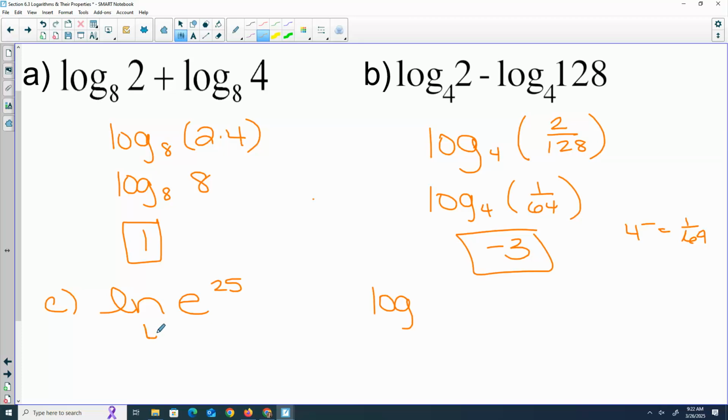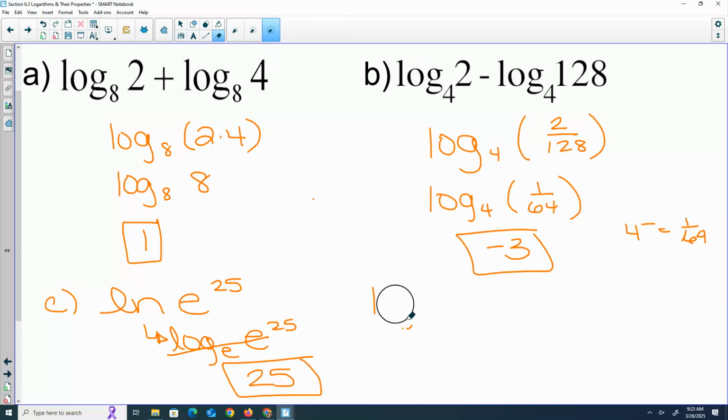What's the difference between a natural log and a regular log? Well, natural log is abbreviated ln, but what it means is log base e. So, if the base is e, what happens when you have a log base e of e? They cancel, so what's my answer? So if you see that ln and it asks you to simplify, just remember ln means log base e.